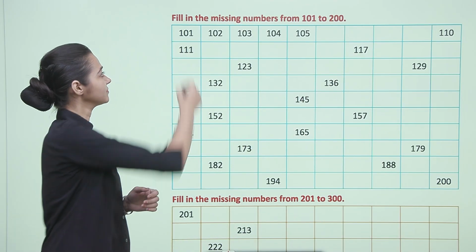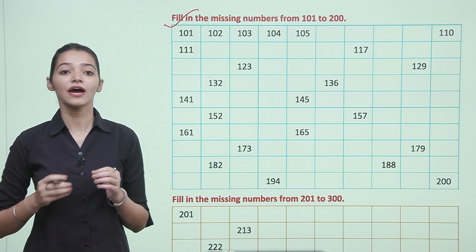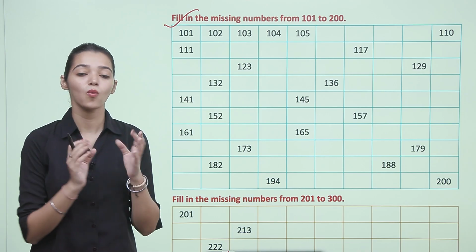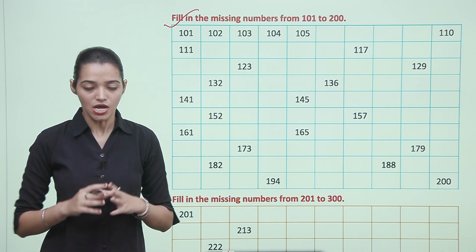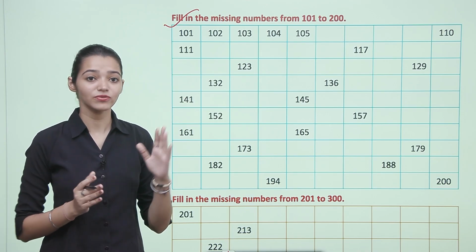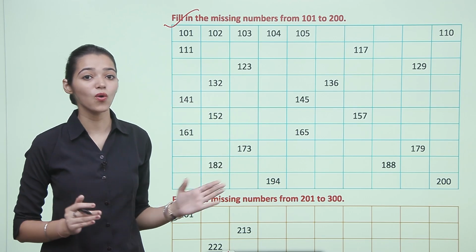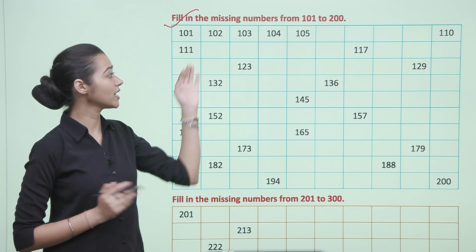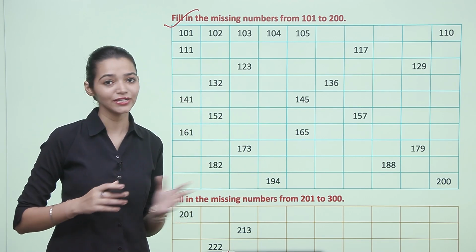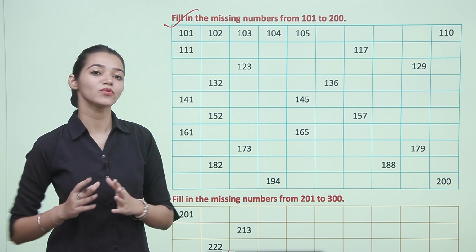Next, we have to fill in the missing numbers from 101 to 200. Here we have to complete this whole table, counting from 101 to exactly 200. Let's start with the first row.